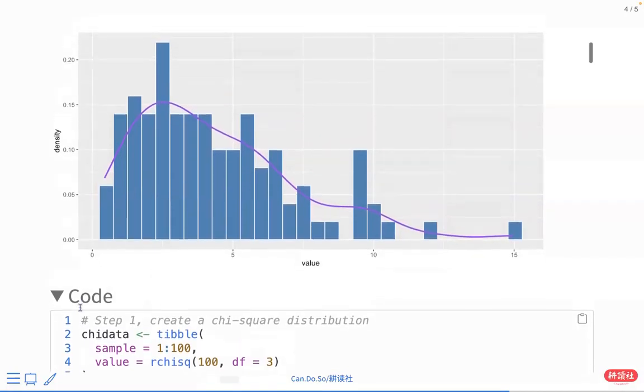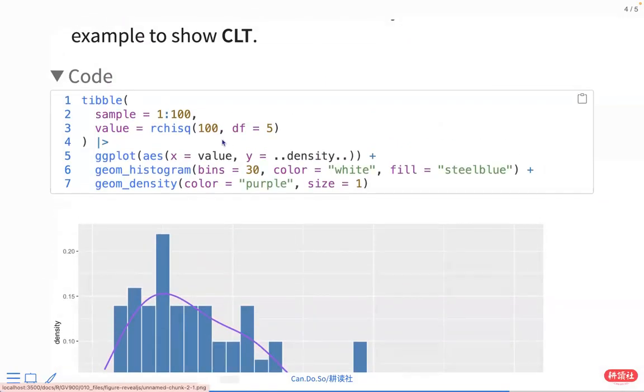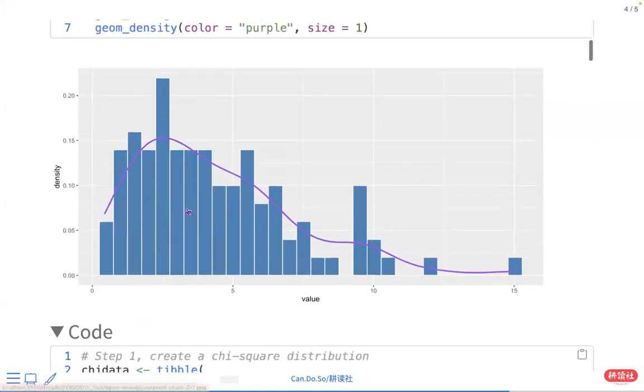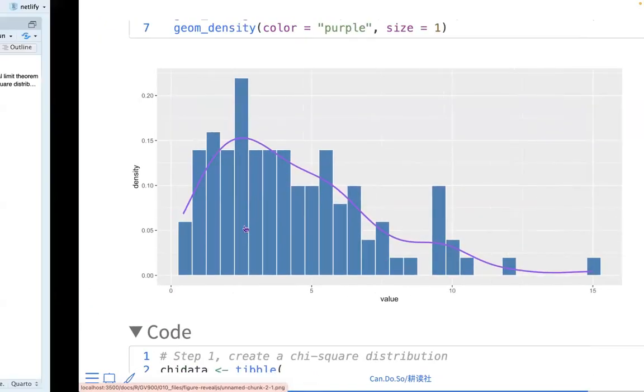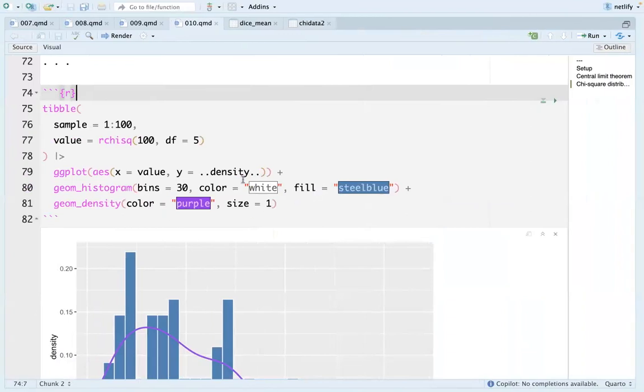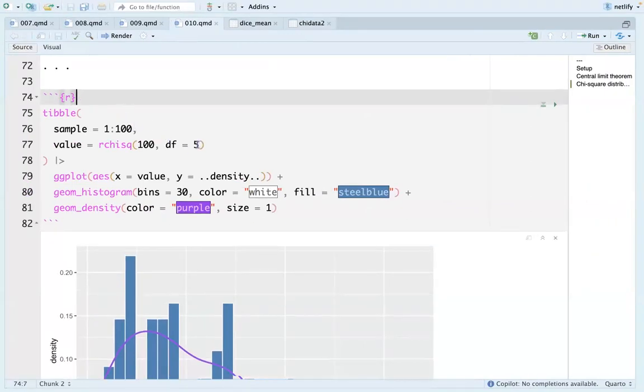We can try different sample sizes and degrees of freedom to see how the distribution changes. So let's go to R. First we change the degrees of freedom.